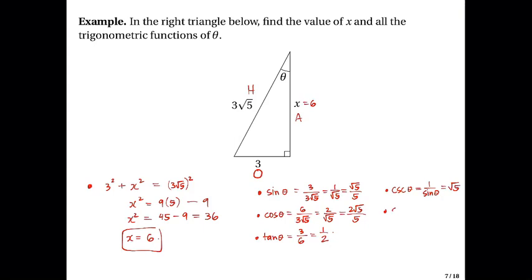For secant theta, it's the reciprocal of cosine theta. So it's 1 over cosine theta. And the reciprocal of cosine theta, we can use this or we can just use this. We will get square root of 5 over 2.